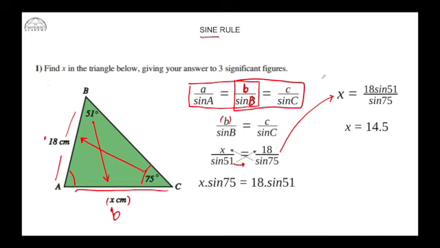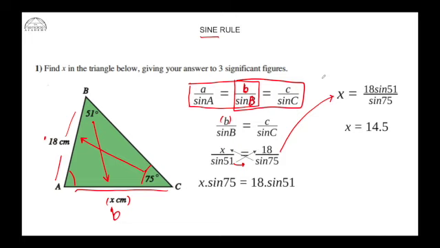Now this is pretty much the sine rule. The sine rule is super easy to use. The hardest part about it is deciding when you need to use the sine rule. Once you have a right angle triangle, you shouldn't even be thinking about this. You're supposed to be thinking normal sine, cos, tan, or Pythagoras theorem.